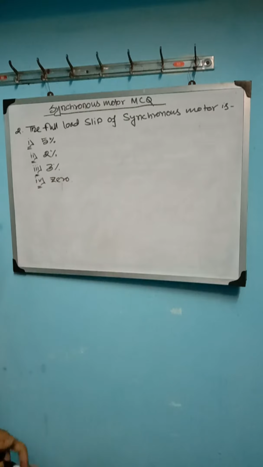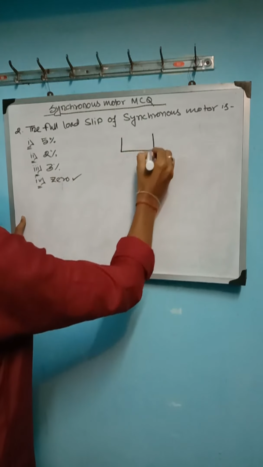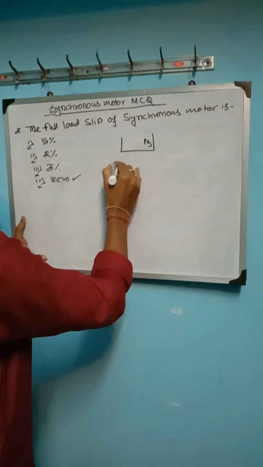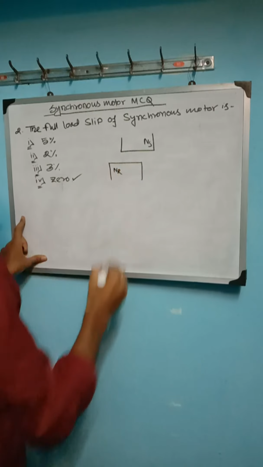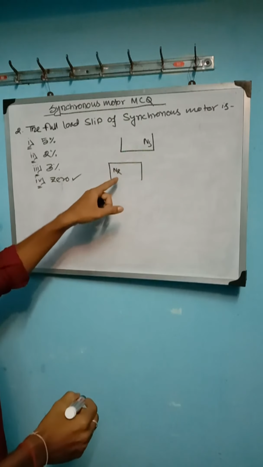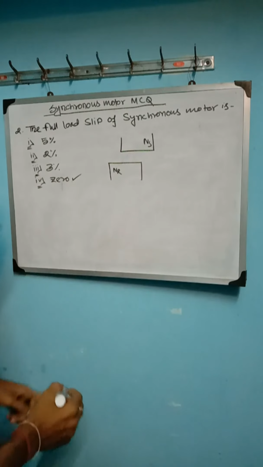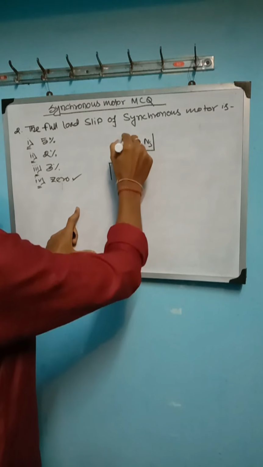So here the answer will be 0, because when we apply the load on the synchronous motor, we can see that if this is Ns and this is Nr, this is the stator pole and this is the rotor pole, and these are the mid axes between them.